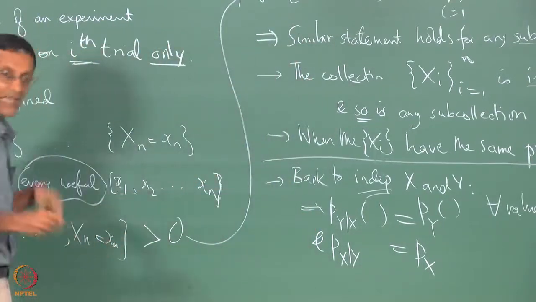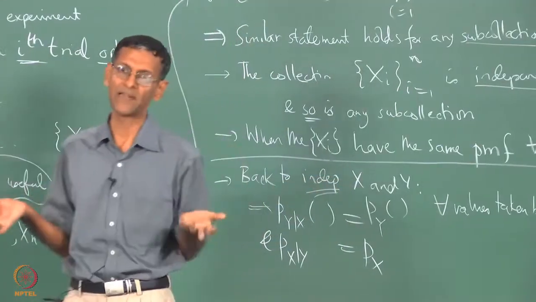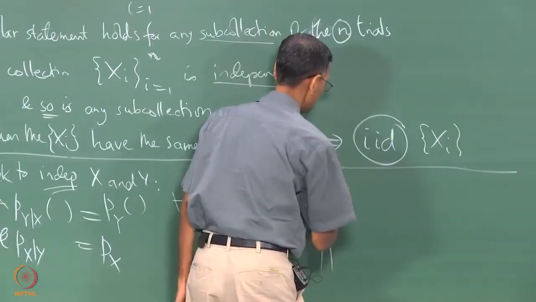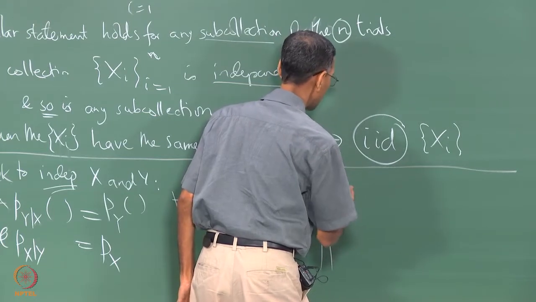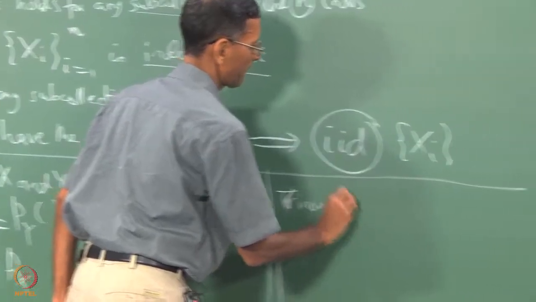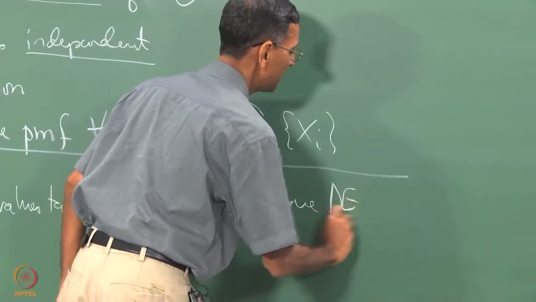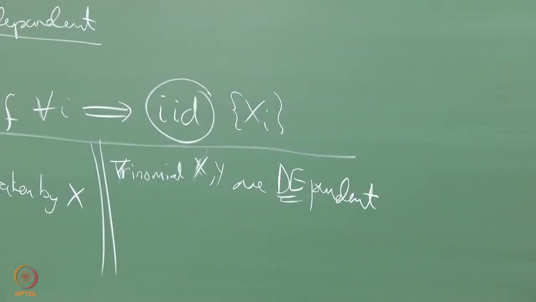Okay. Clearly, the dependent case. What is the opposite of independent? Dependent, right? So when x and y are, in the trinomial case for example, remember, they are dependent, with a stress on the syllable D. Independent versus dependent.